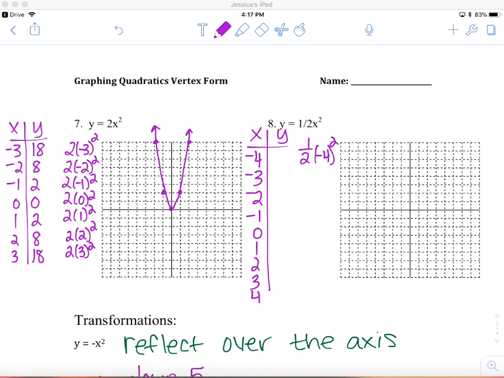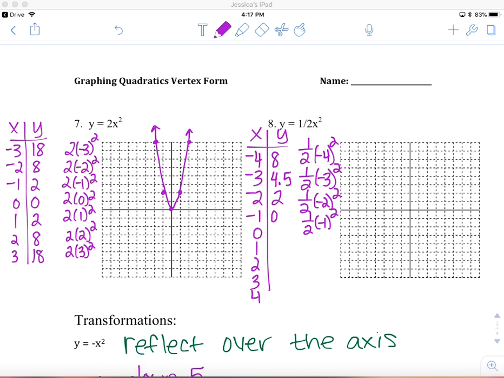Half of 16 is 8. Negative 3 squared is 9. Half of 9, I'm going to put as a decimal, is 4.5. Negative 2 squared is 4. Half of 4 is 2. Negative 1 squared is 1.